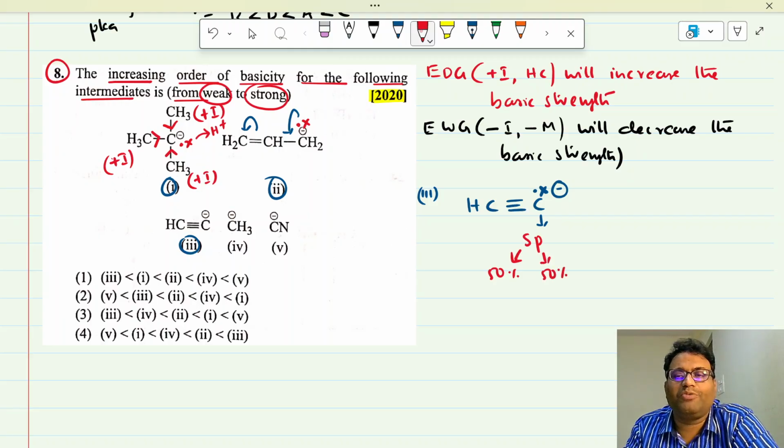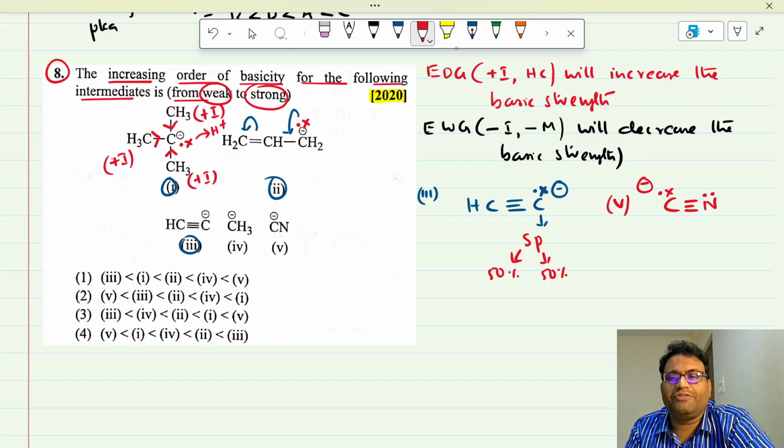More the S character, more the electronegativity. When you compare it with the fifth one, C triple bond N, right? There are a pair of electrons here, one electron, negative charge. So where is the negative charge? On carbon. And what is the hybridization of this carbon? This carbon is also sp hybridized. S is having 50%, P is also having 50% character.